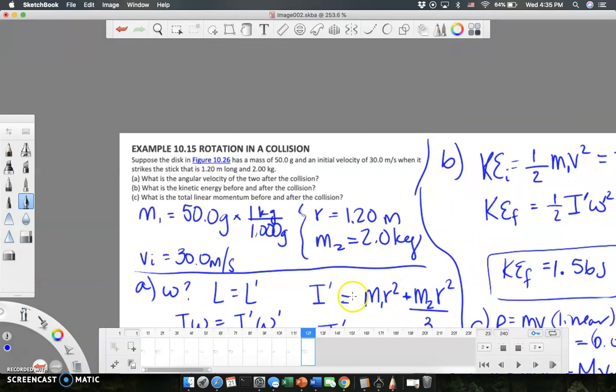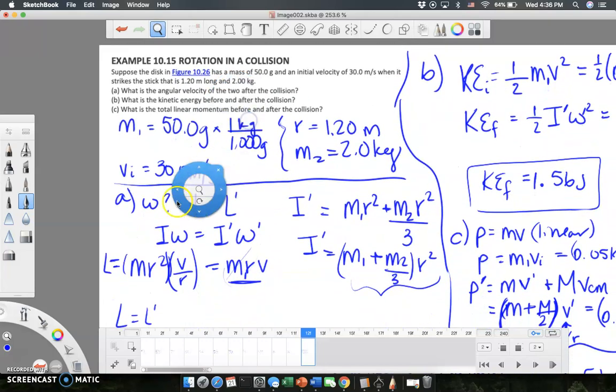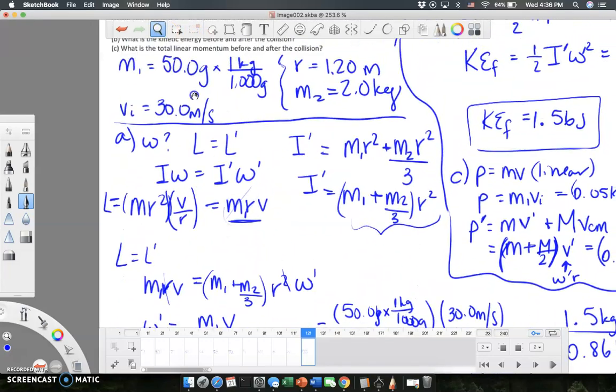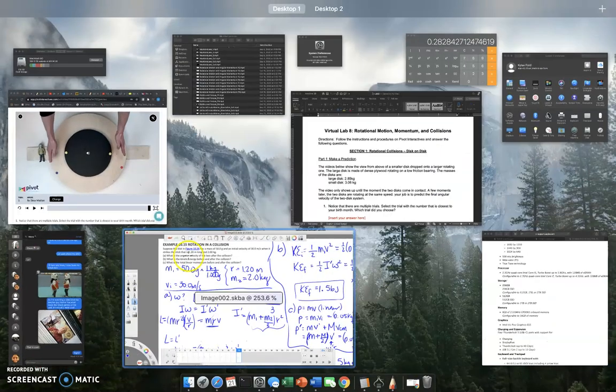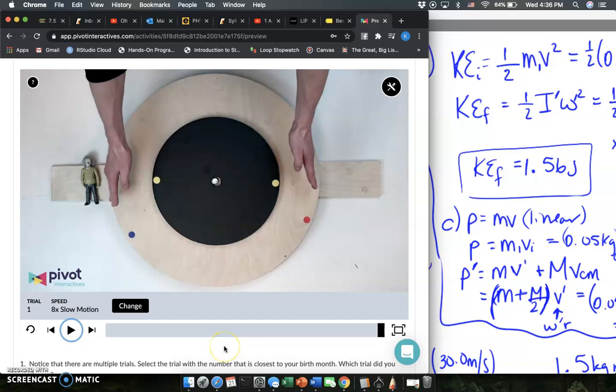So again, think about the angular momentum, how that's conserved, and so forth. That will be the main idea here. So take a look at that past lecture. I think it was the last one that I posted, and it should steer you in the right direction of how to make that prediction here.